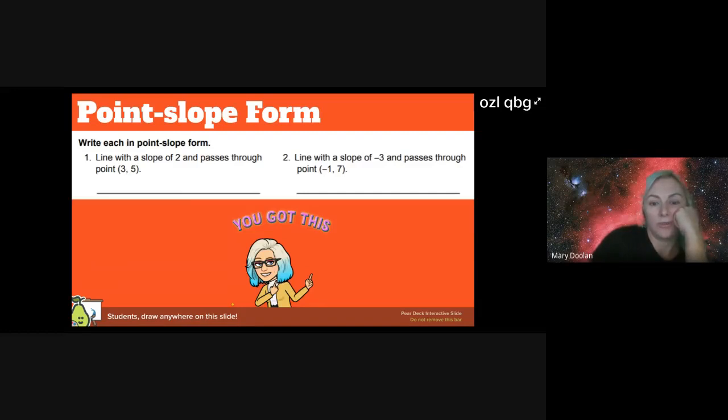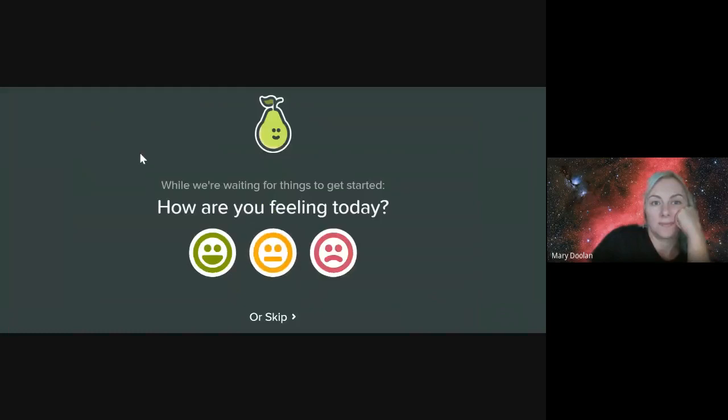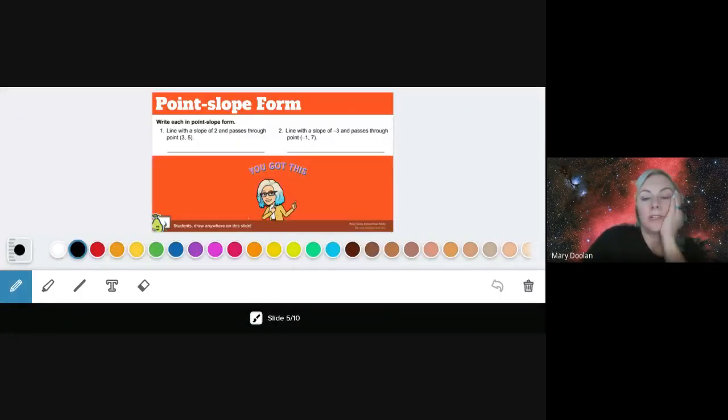And I'm going to join Pear Deck as a student. All right, so here's the question that you guys are on right now as well. So point slope form says write each in point slope form. So we have two different problems. I'm going to do the first one with you.